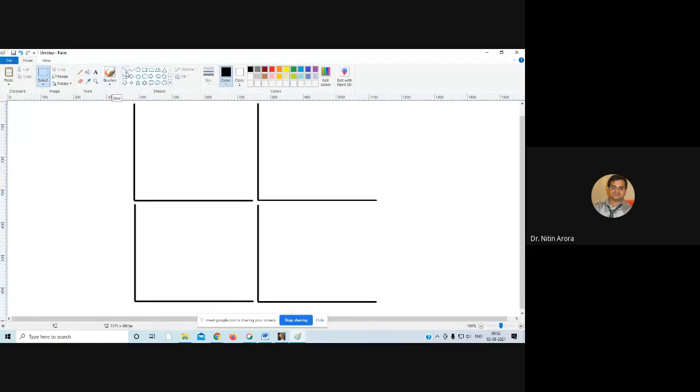Let us draw these diagrams. Now, what I will be doing, I will be drawing only first of all these 45-degree lines. The rest of the curves will be drawn at the end. Let us have a 45-degree line.